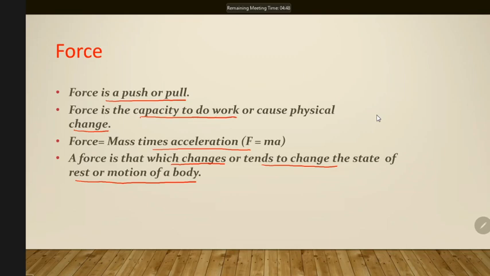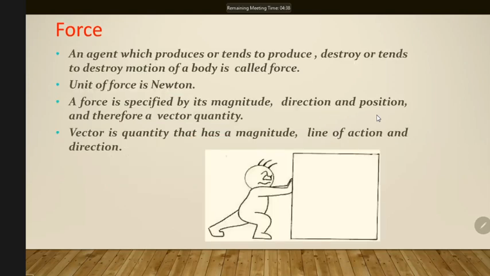Few more points by which you can memorize or understand force: an agent which produces or tends to produce or destroys or tends to destroy motion of the body is called force. By this you can understand that if something was in motion, for example, there is a picture at the bottom.